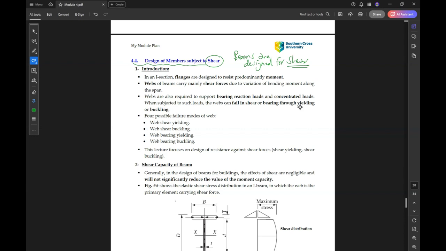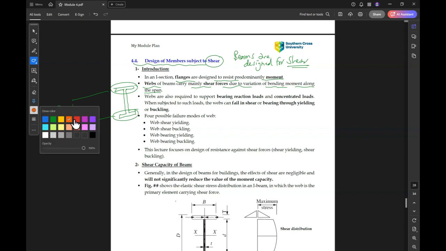Okay. So in shear, the I-section flanges are designed to resist the moment. Webs are designed to carry the shear forces due to variation of the bending moment along the span. So for I sections, the two flanges are mainly to resist moments, and the web mainly to resist the shear.